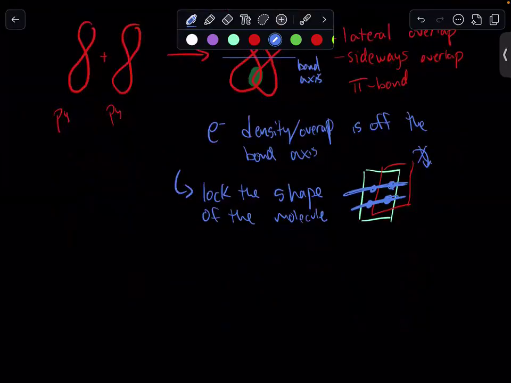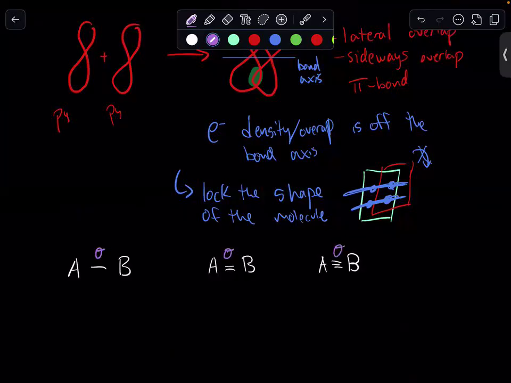So before we move into examples and taking a more in-depth look on how these orbitals interact, we're just going to look at how we kind of quantify bonds. So if we have A and B, single bonded, double bonded, triple bonded, our single bond is going to be sigma, and so is our first bond in example 2 and 3.